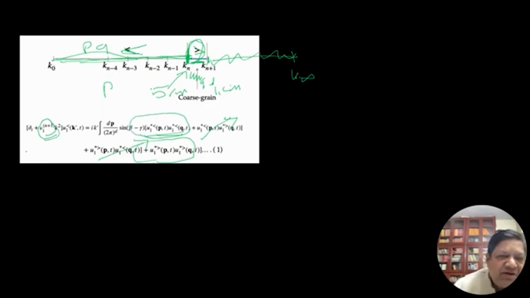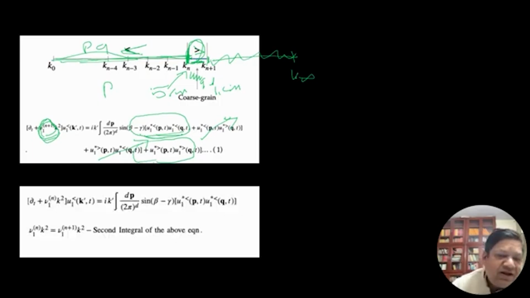Okay, and please remember that my viscosity is nu n plus 1. So in this equation, when I do averaging in my field theory, these are gone. Now when I look at the equation where I have resolution only up to 5 centimeter, so that means these modes are already gone, then my viscosity will be nu 1 n.